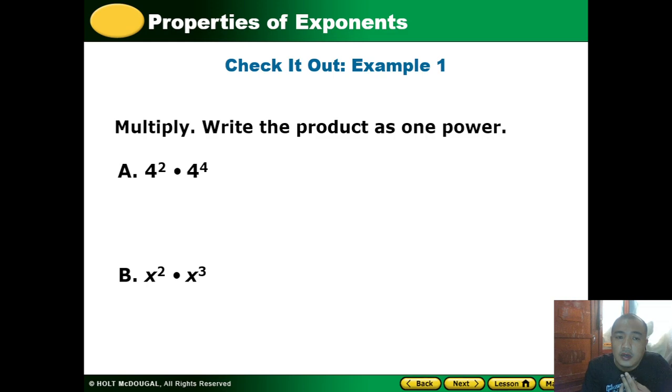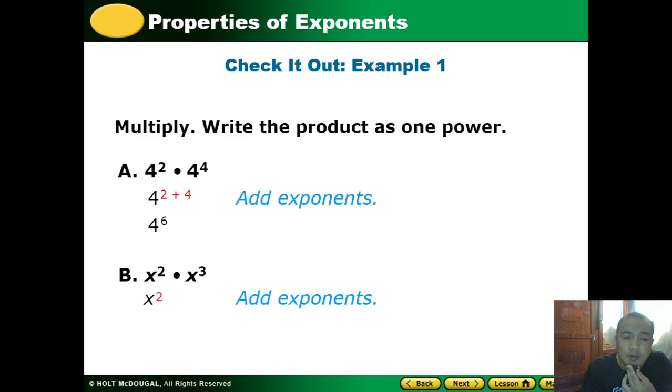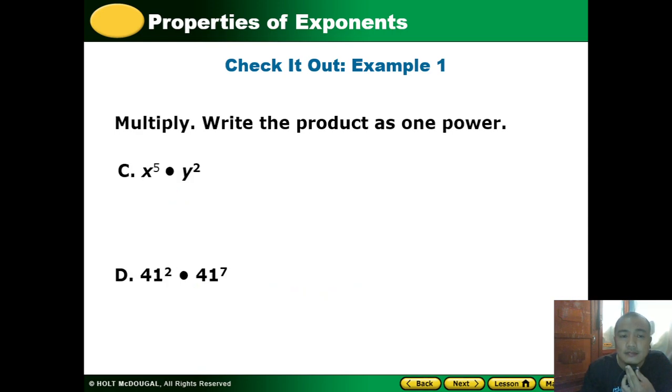Multiply. Write the product as 1 power. 4 squared times 4 to the 4th power is, same base, just add exponents. 4 to the 6th power. And letter B, keep the base, add exponents. x to the 5th power.